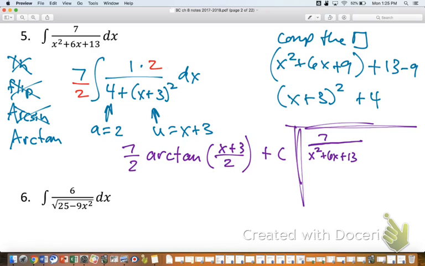So the proposal was, could we rewrite this as 7 over x squared plus 7 over 6x plus 7 over 13? So if you could do that, then shouldn't I be able to put it back together? Like if you can take it apart, you should be able to put it back together. To put it back together, don't I need a common denominator? Which would be 78x squared, right? And so then I'd have to multiply 7 by 78, right?